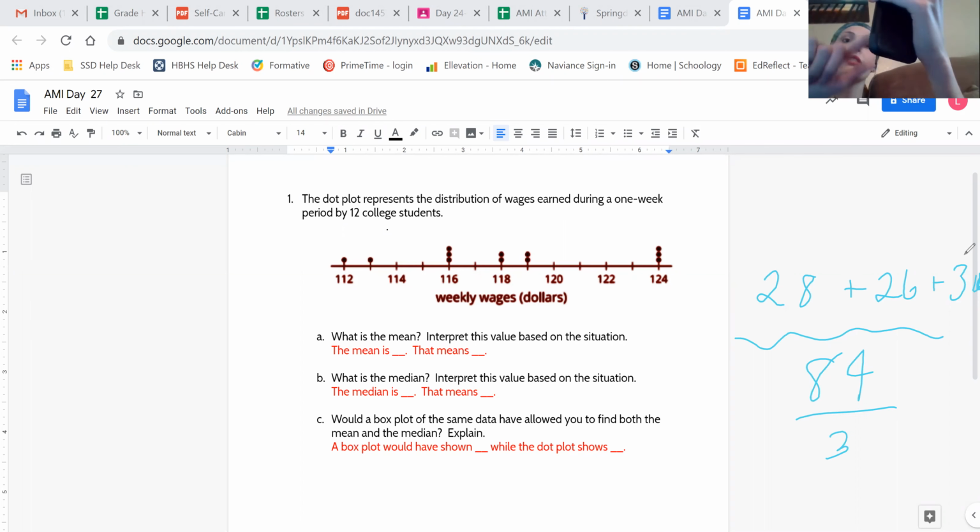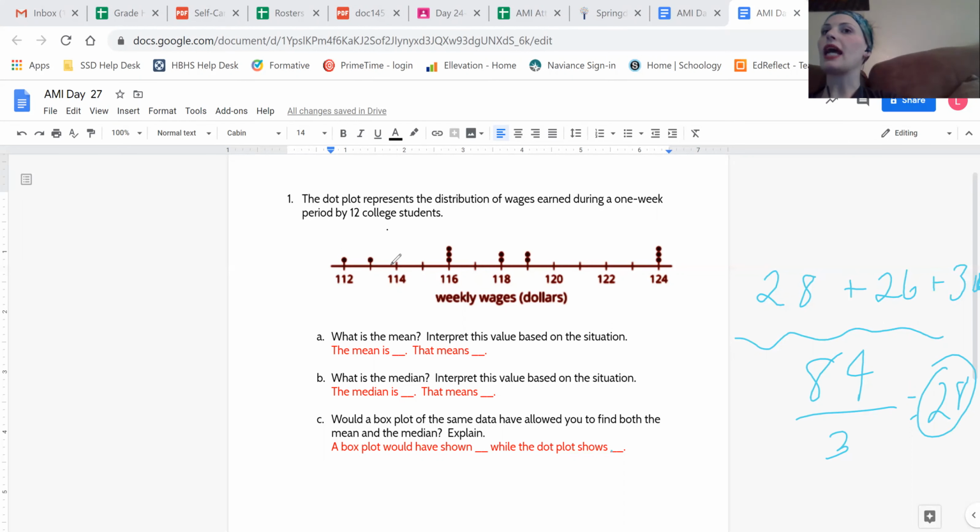We get 28. So the average, or the mean, is 28. So with this, if you want to calculate the mean, you're going to add up each of the terms, 112, 113, 116, 116, 116, 118, and divide by how many people there are. And that's going to give you the average of their earnings for that week.